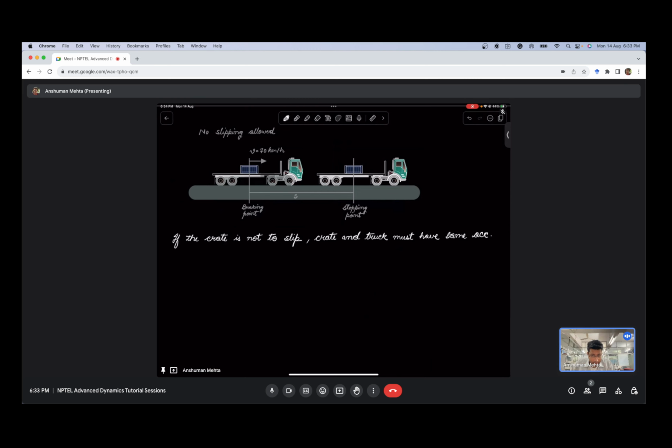If the crate is not to slip, that means friction... Okay, here I have made a mistake.